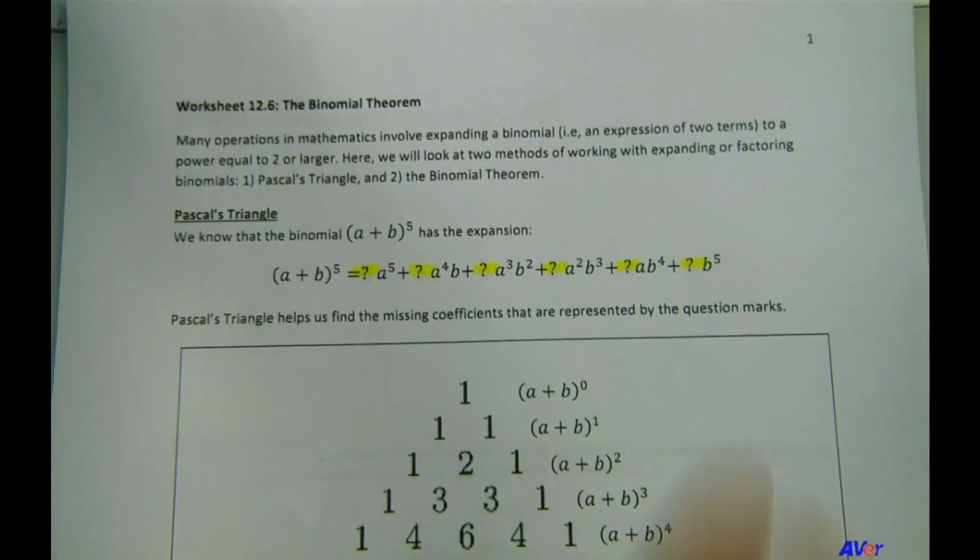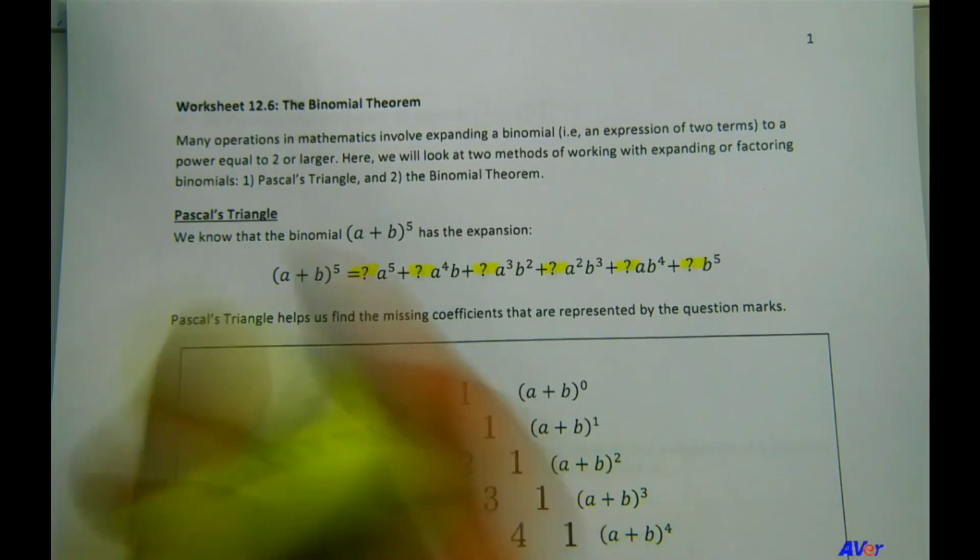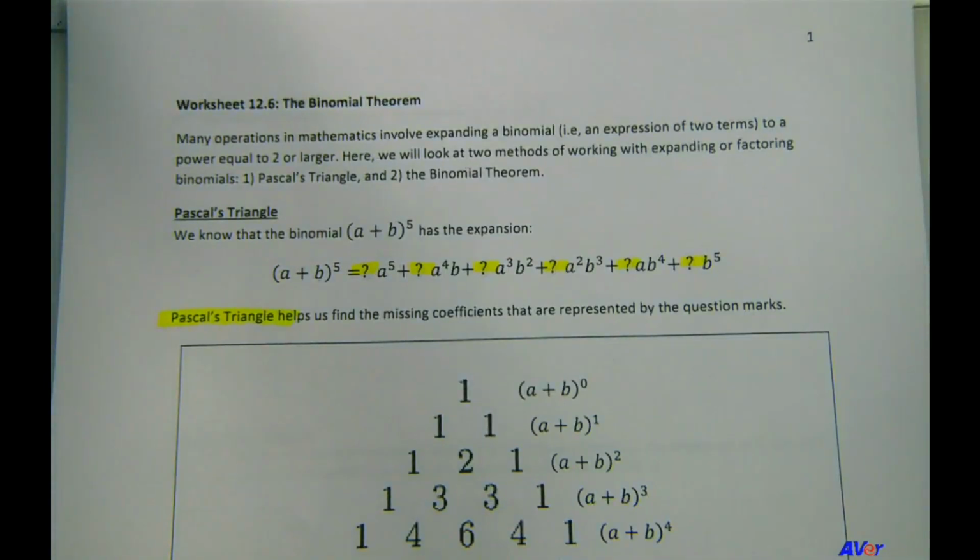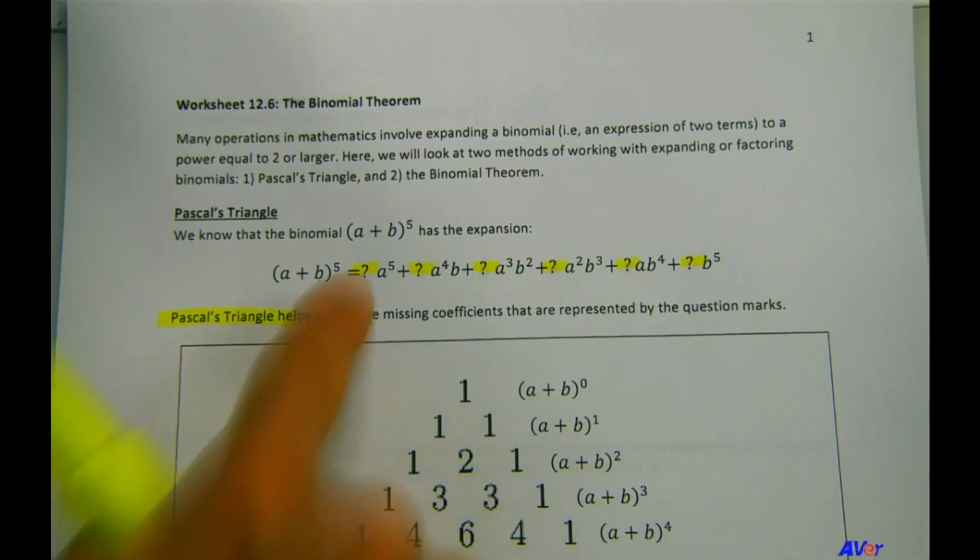One of those methods is Pascal's triangle. In a second, we will look at that. And the other one is called the binomial theorem, where we use the binomial coefficient to find all of those question marks.